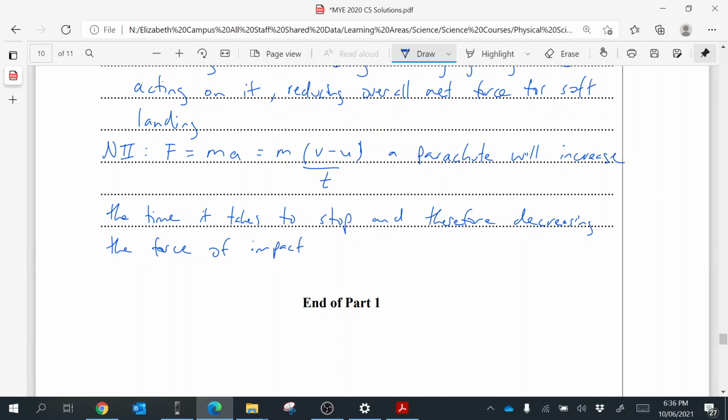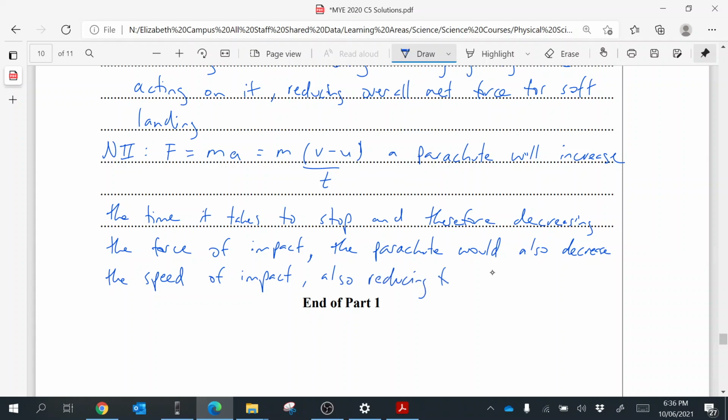It could also slow down the person, so the parachute would also decrease the speed of impact, also reducing the force of impact as the parachutist comes to rest.